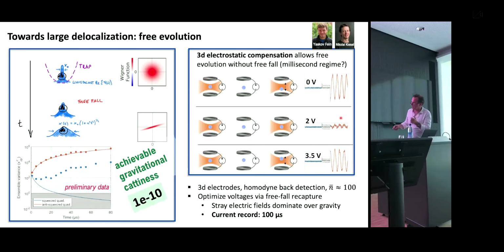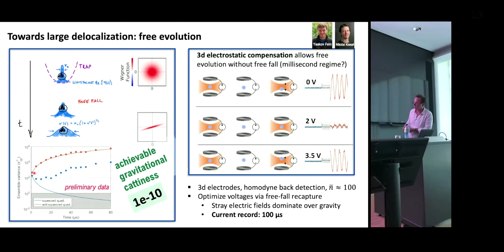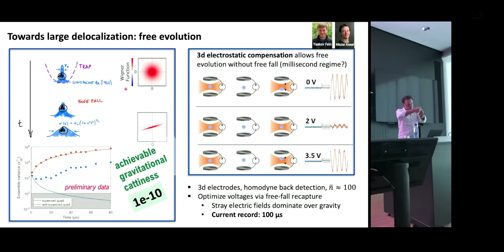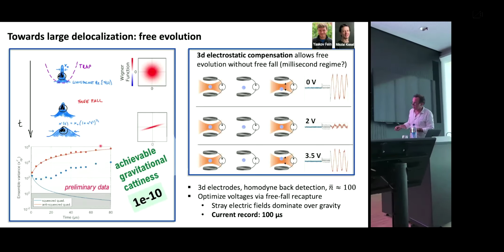And what you can see here is, because this is very preliminary data, just look at the red points. This is actually the anti-squeeze quadrature. So basically the extent now of our position delocalization. And as you can nicely see, you get this quadratic increase.